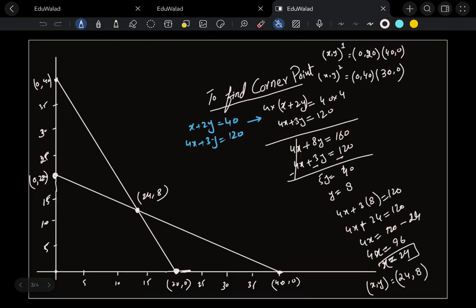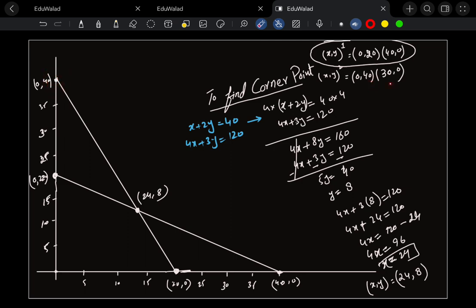Now we want to plot these points. For one equation, the points are 0, 20 and 40, 0. Here is 0, 20, and here is 40, 0. For the next, when x is 0, the value of y is 40.